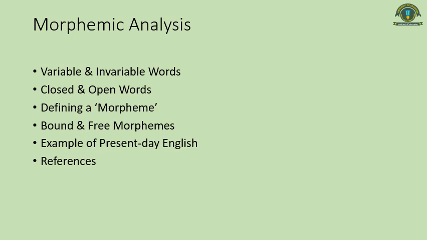So we will look into the process of morphological analysis through the example of present-day English. We will practically do the whole procedure of morphemic analysis, because you can do this analysis with a real-time example in steps, and we can apply it to any language, for example Arabic, Urdu, Punjabi, by following these steps.